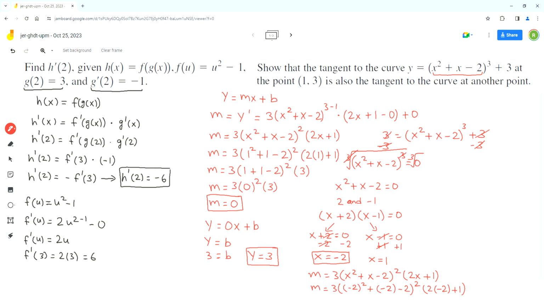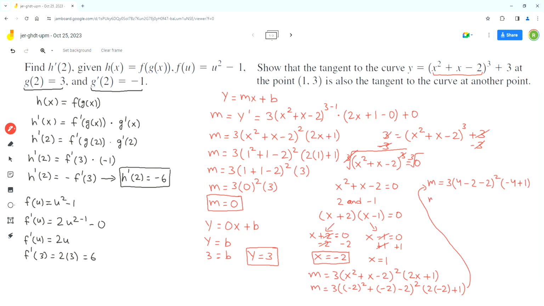So we get m equals 3. In the first part, (-2) squared is 4, and then plus -2 is -2, and then squared. And in the second parentheses, we get 2 times -2, which is -4, plus 1.